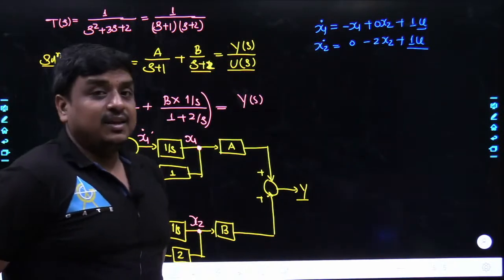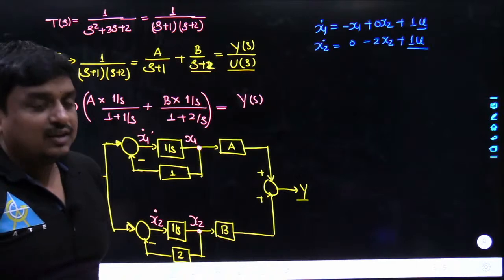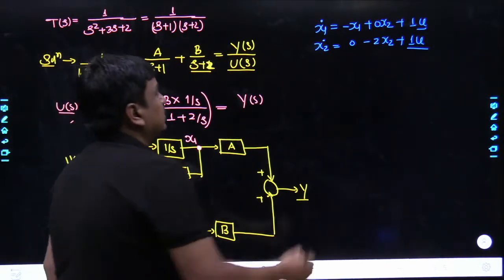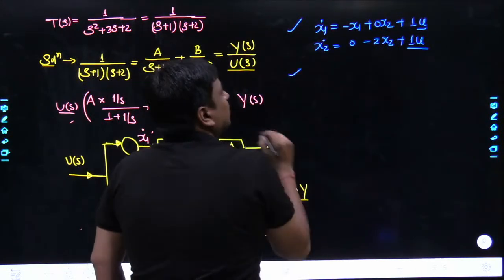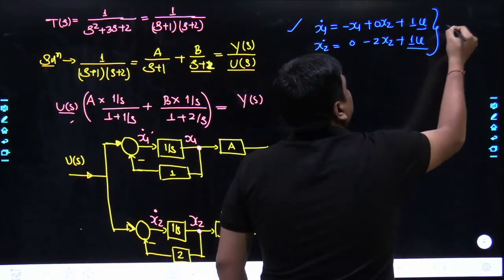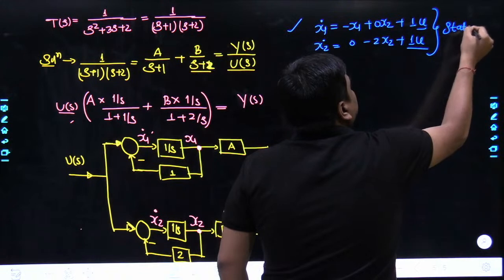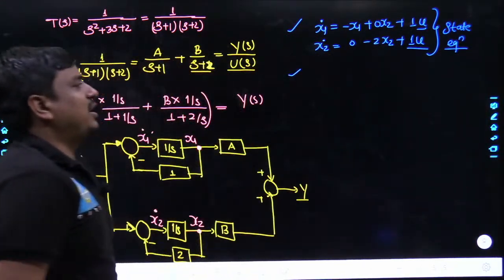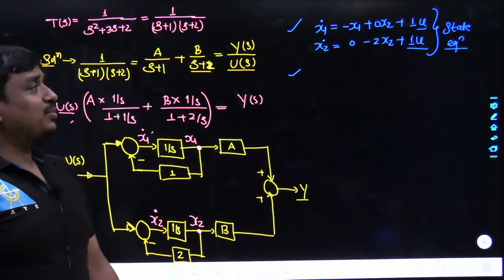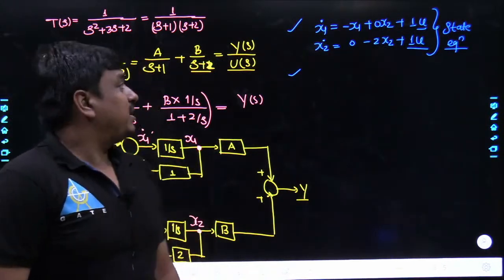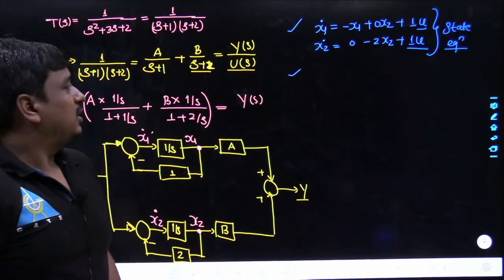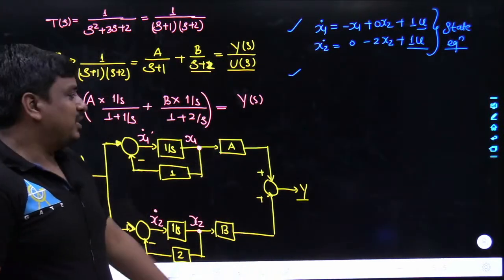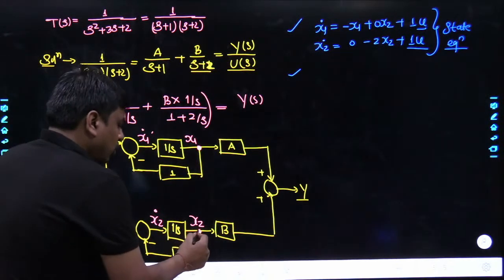So the pain of A and B is gone. You know the matrix A as well as matrix B, where the matrix A is called the system matrix and matrix B is called the input matrix. This was the state equation, and from it you easily figure out the system matrix A and the input matrix B. Now let me focus on the output matrix. How is the output connected with the state variables as well as the input?